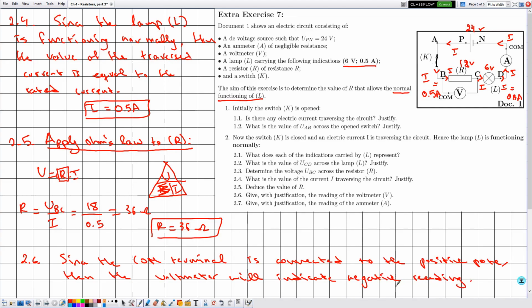So it's not enough to specify whether it measures a negative or positive reading. We need to specify also the value. So for sure it is negative, and its value is given by 18 volts. So it measures minus 18 volts.